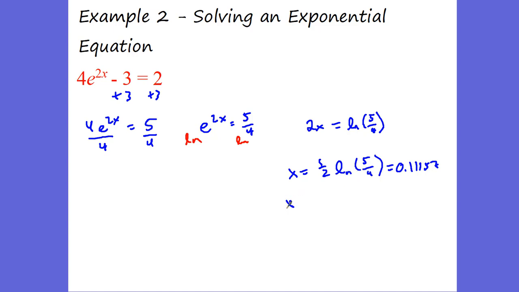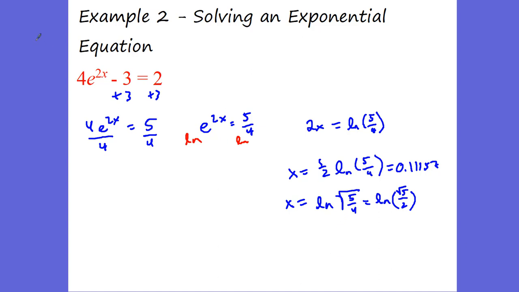So you could also call this, using our properties of logarithms, natural log of the square root of 5 fourths, because that's to the 1/2 power, or natural log of the square root of 5 over 2. If you do that in your calculator, you'll still get 0.11157, and so on and so forth.